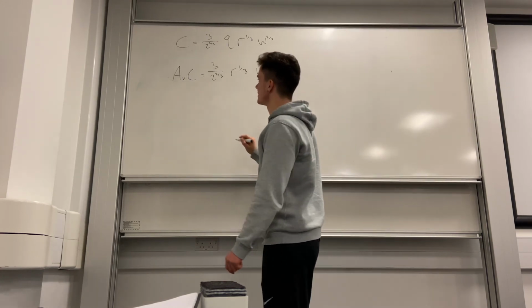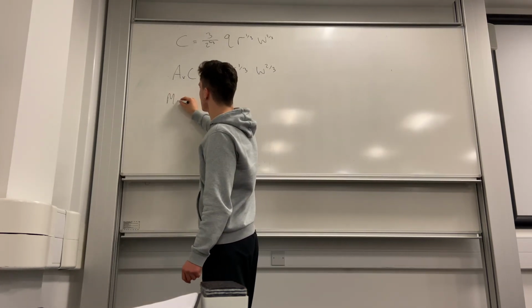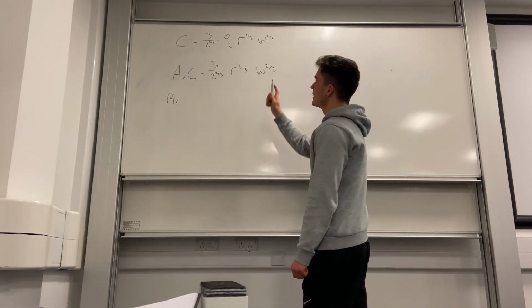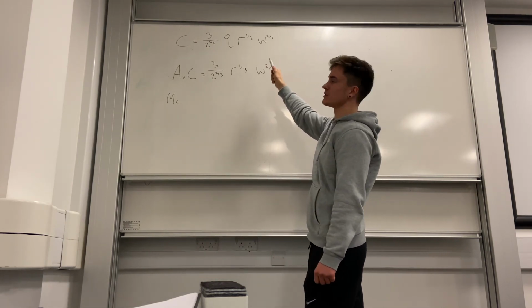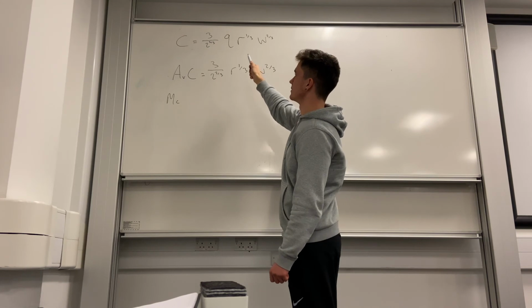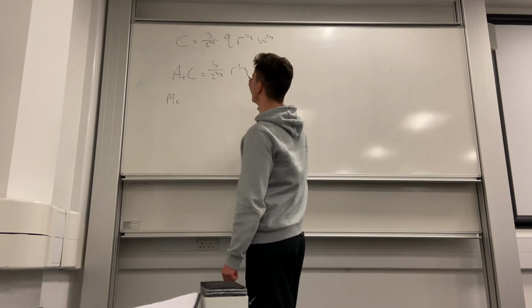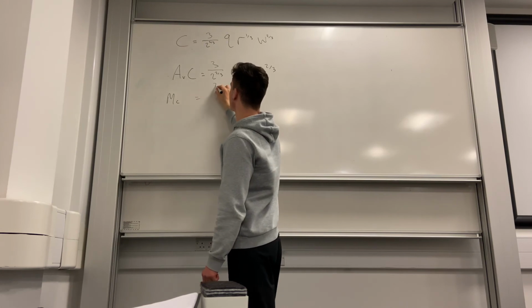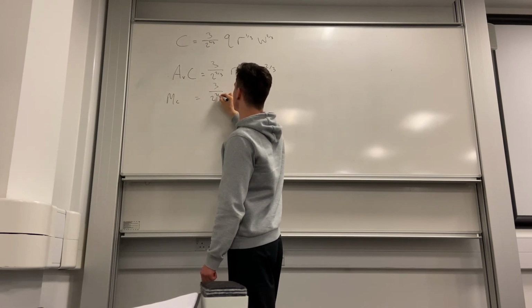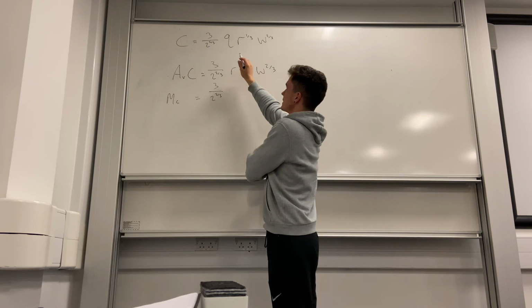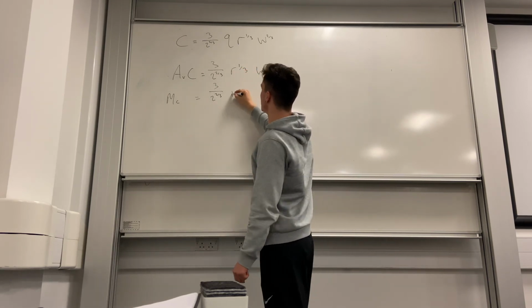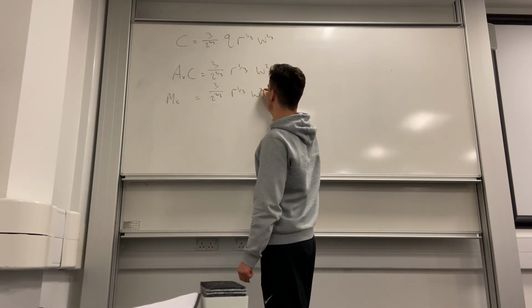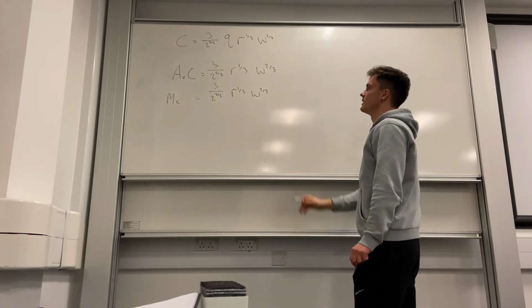Finally, the marginal cost is equal to the derivative of the cost function with respect to Q. So if it's with respect to Q, the rest is all constant. So we end up with 3 over 2 to the power of 2 over 3, and then no Q because that's what it's with respect to. And then we get r to the 1 over 3 and w to the 2 over 3 because they're all constant terms in that.